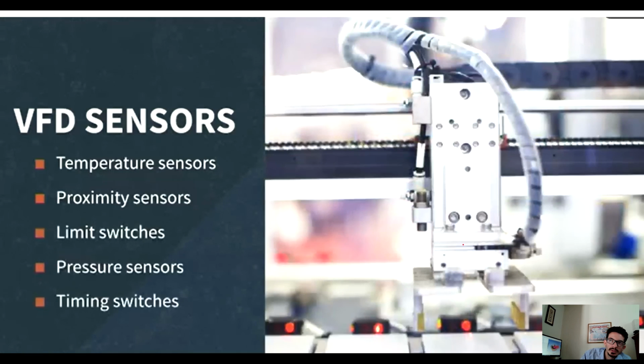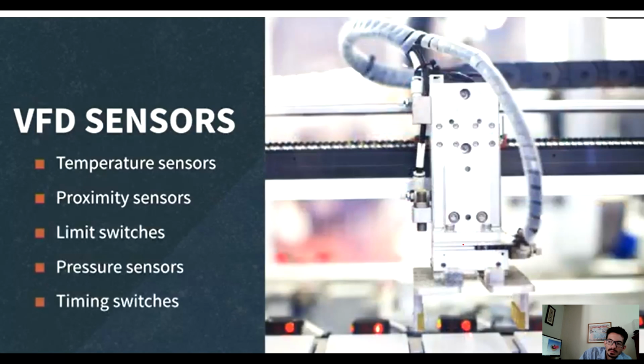You need switches to be able to actuate on and off a process. You need pressure sensors to make sure that in an injection molding factory where you're making plastic cans, the plastic injection is being done at the right pressure. Timing switches to make sure that you have the right timing between the first can and the second can, otherwise you'll be missing the target completely.